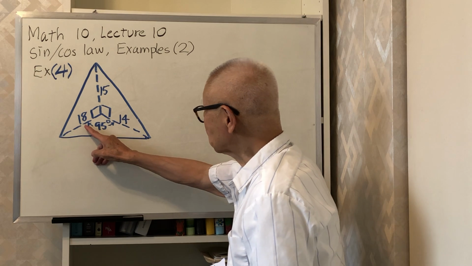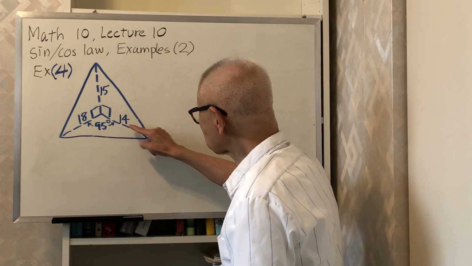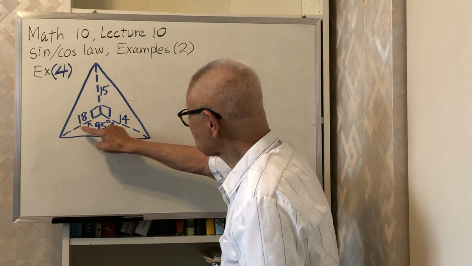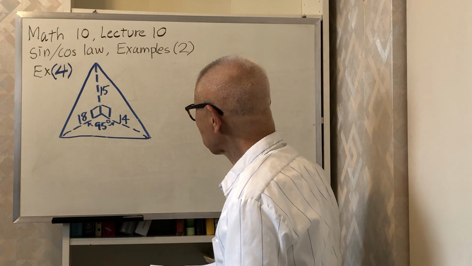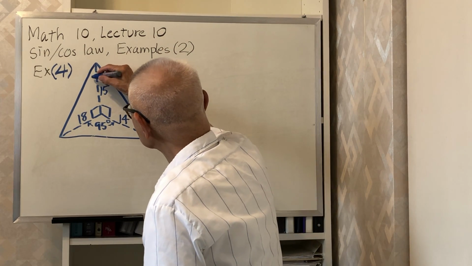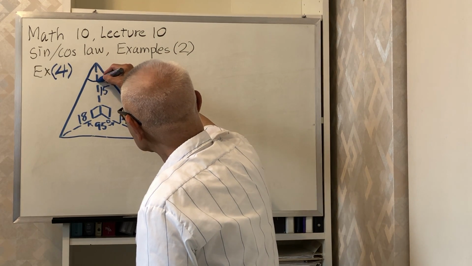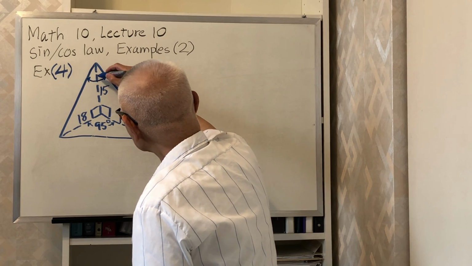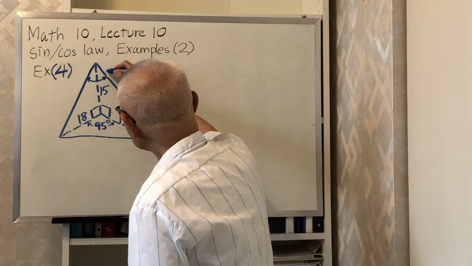So this angle is 95, this side is 14 units, this side is 15 units, this side is 18 units. What do I want to find? I want to find the top angle. Let's call this angle theta.